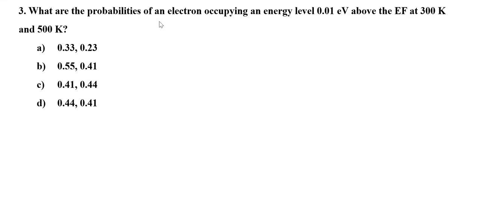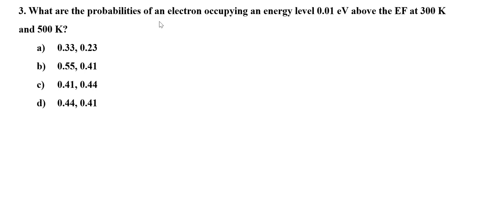Next is, what are the probabilities of an electron occupying an energy level that is 0.01 eV above E_F, that is the Fermi level energy, at 300 Kelvin and 500 Kelvin respectively? From the formula sheet, you'll have to look at an equation which connects E and E_F.